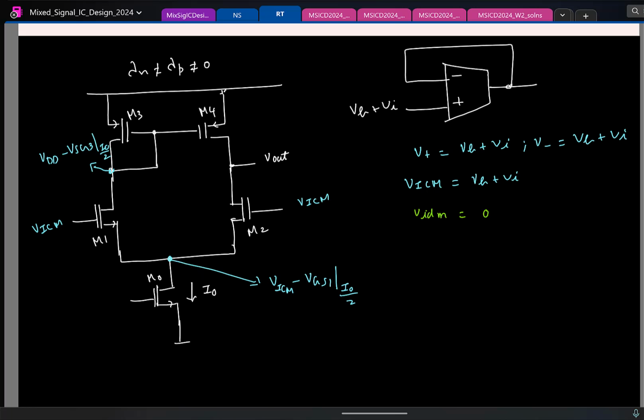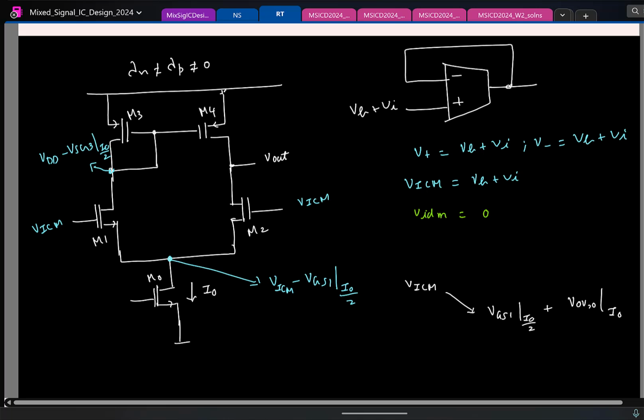It is the VGS minus VTH for that transistor M0, and we define the VGS minus VTH as overdrive voltage. So the minimum I can have is basically VGS1 at a current I0 by 2 plus the overdrive voltage. Basically this drop, which is always fixed because the current is I0 by 2, plus the overdrive voltage, which is VGS minus VTH for the transistor.